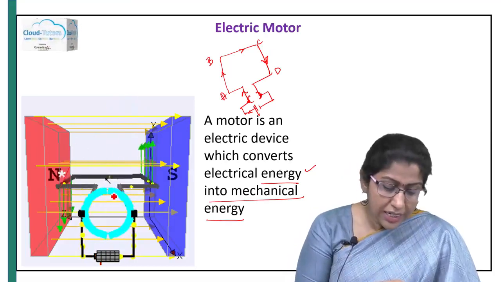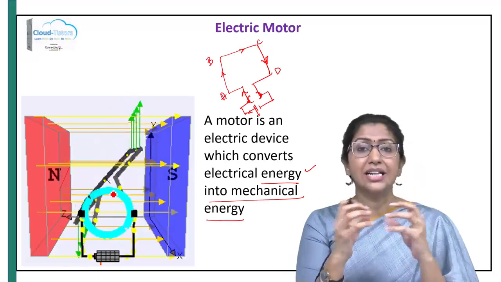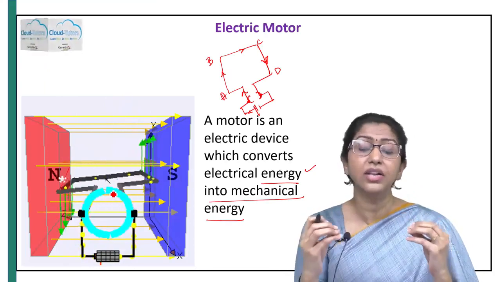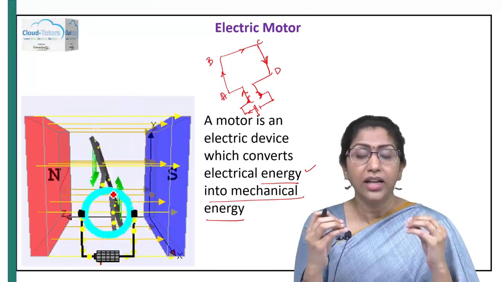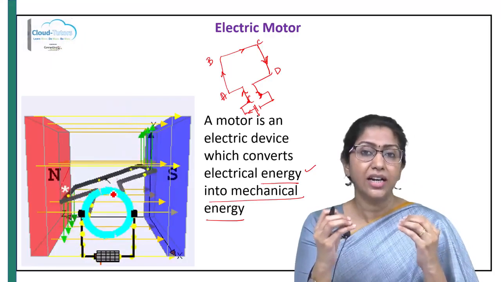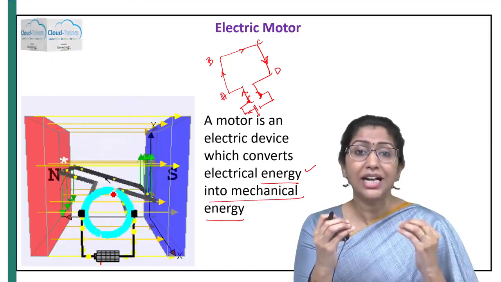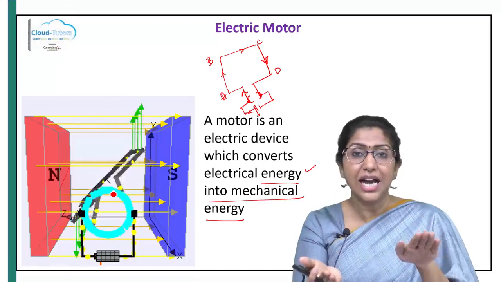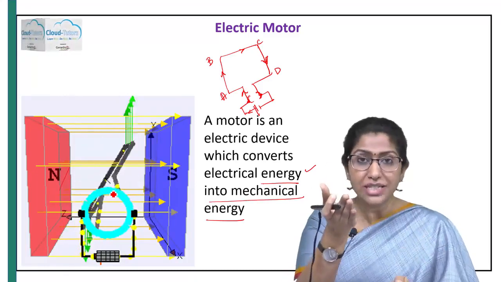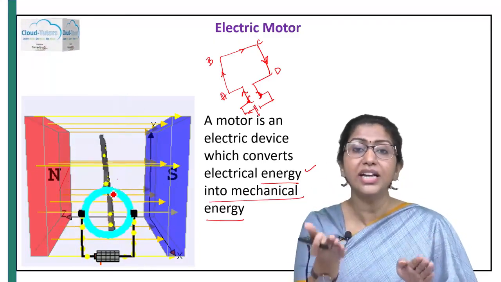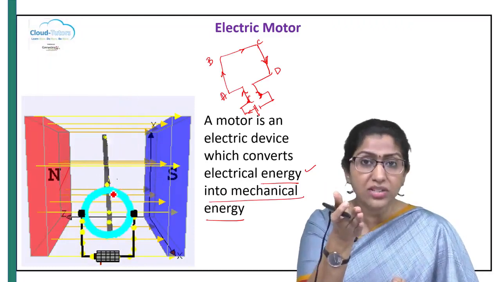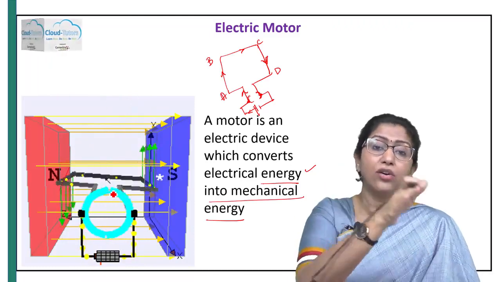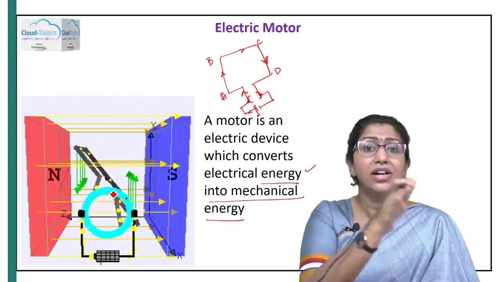Here there is a split ring which basically cuts down the electric current through the coil, right? So in that case, the coil should stop rotating, but it doesn't. Why? Because the force which is pushing and pulling the two sides of this coil has already given enough momentum to this rectangular coil to complete one rotation.